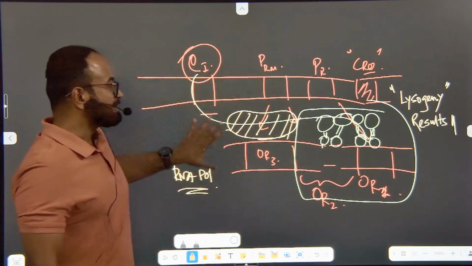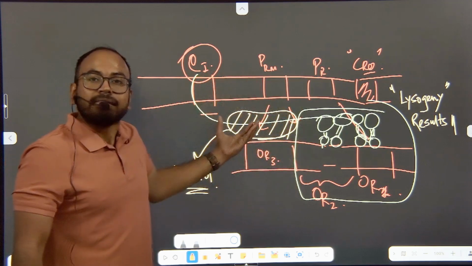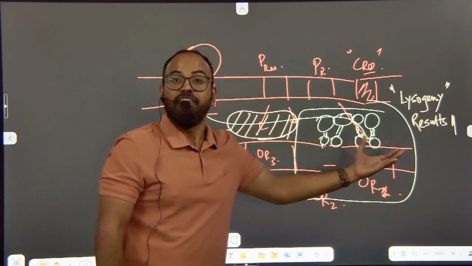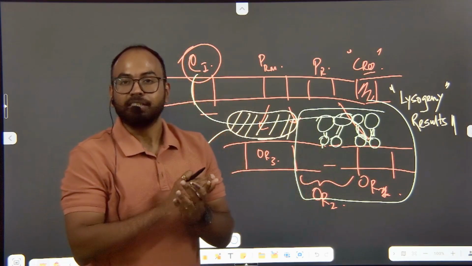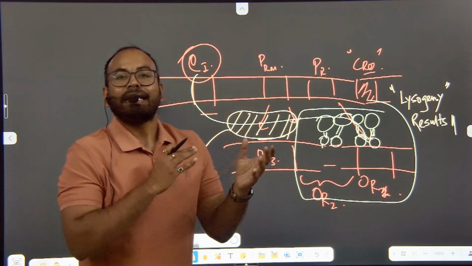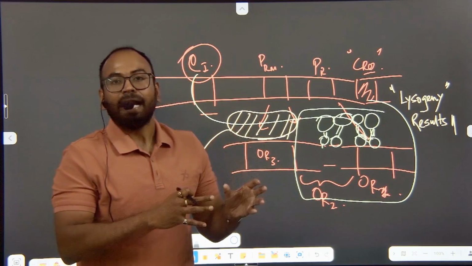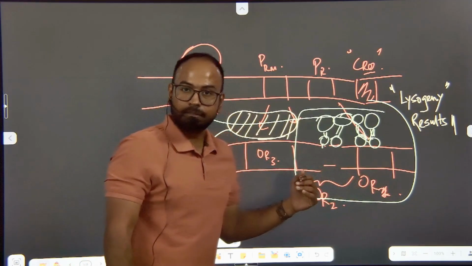I hope everyone is clear with this point. Then, when C1 is synthesized, why can't pro be synthesized eventually? Because when C1 is getting synthesized by means of RNA-pol and eventually by means of translation, it shows affinity towards OR1. It will bind with it.